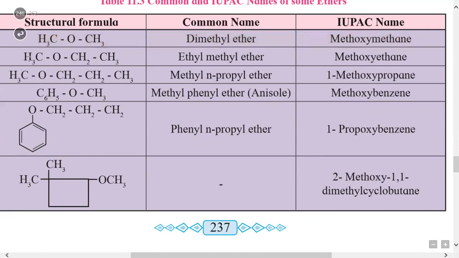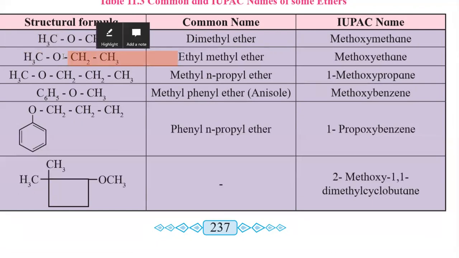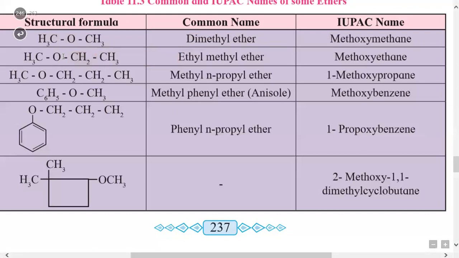Second example here: CH3O, this is the alkoxy group, and CH2CH3, this is the alkane part. First we will give the common name. Here the name of the CH3 group is methyl and the name of the C2H5 group is ethyl. So according to alphabetical order, first name is ethyl, then methyl, and then ether. So this is the correct common name for this ether.